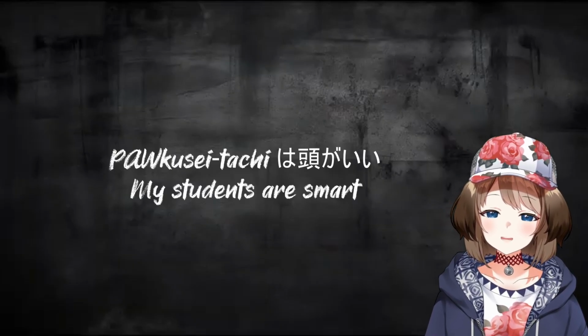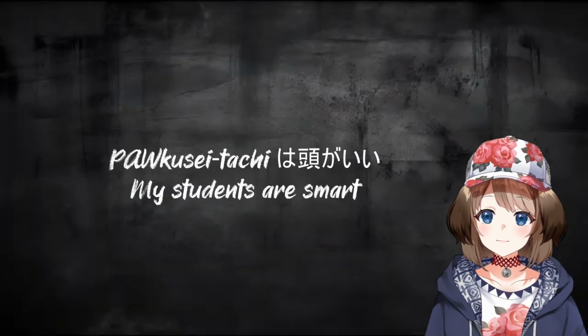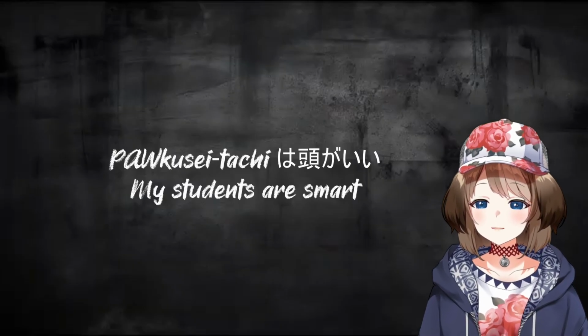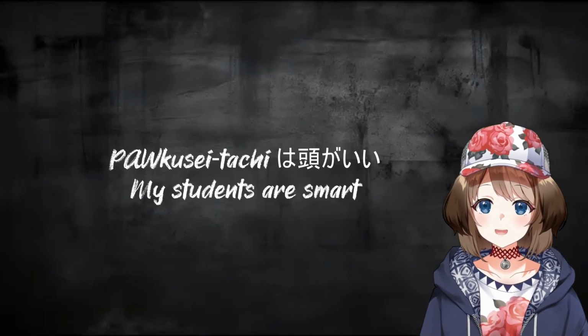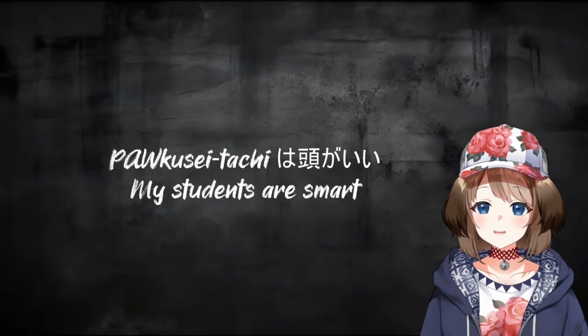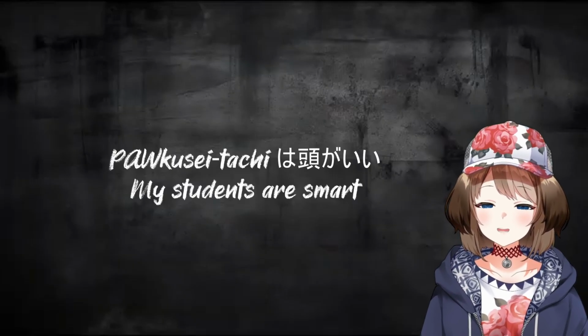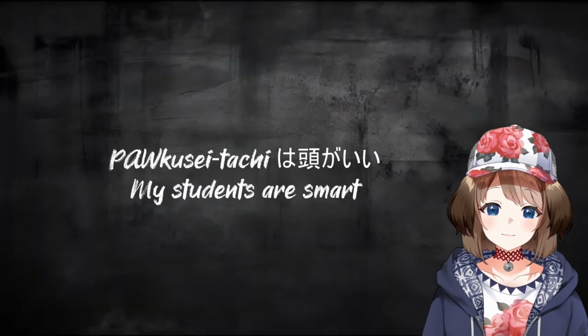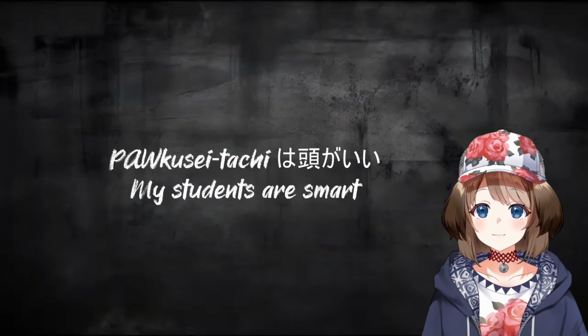Somebody wa atama ga ii, right? And so we get the sentence, Pakuse tachi wa atama ga ii. The head of my students is smart. Or maybe, since we're not using no, the best translation would be, as for my students, they are smart. Right? Does that make sense?